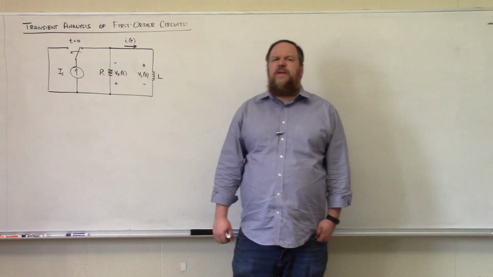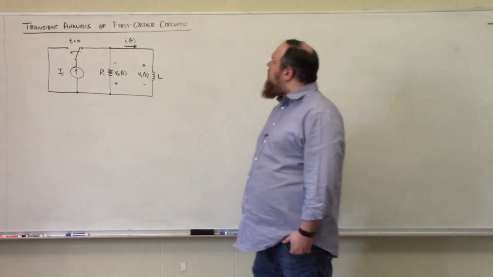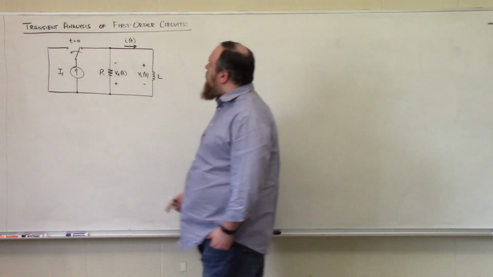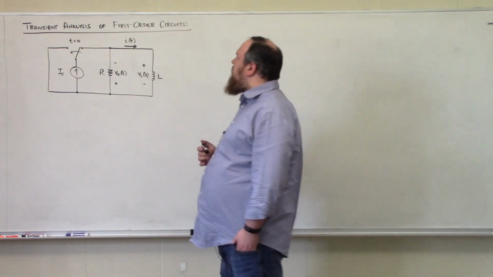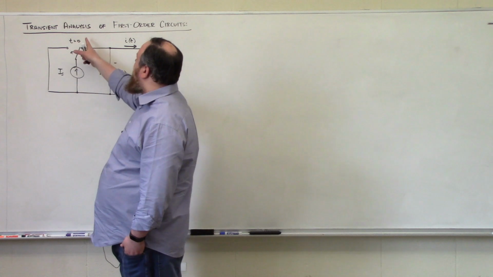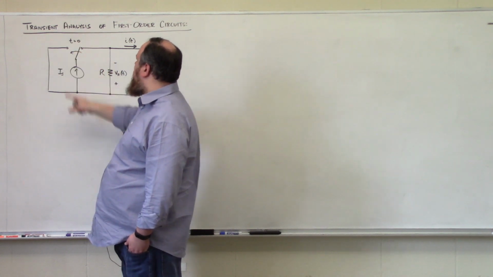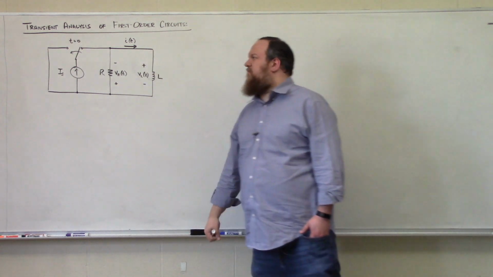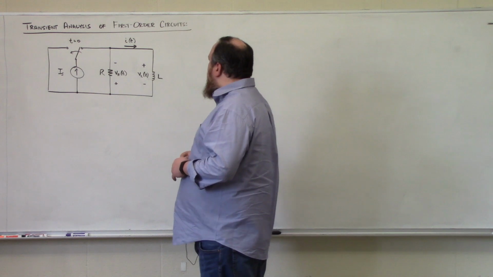Let's now talk about the behavior of first order circuits that contain inductors. In this circuit, I have a current source connected to this RL network for all t less than 0 minus, and then at t equals 0, this switch closes from this terminal to this terminal, which effectively disconnects our source from the RL network.